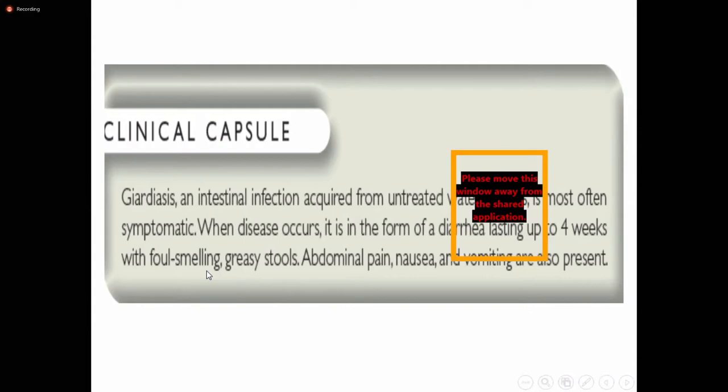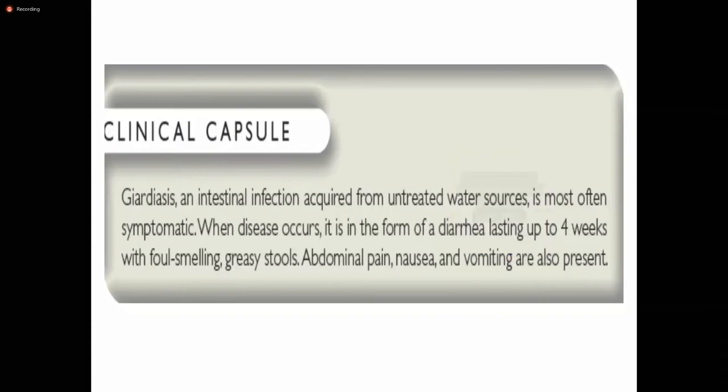It is one of the causes of malabsorption. That is why it causes a greasy stool. Abdominal pain, nausea, and vomiting may also be present. It is also characterized by gas in the abdomen, a lot of gas. So you ask the patient about a lot of gas in the abdomen.